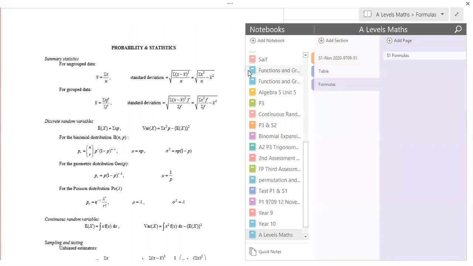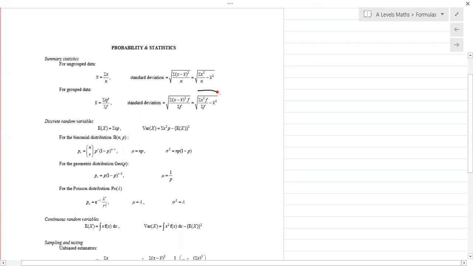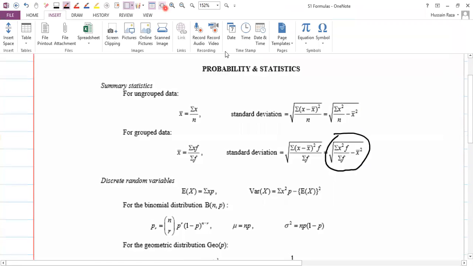So we are going to use this. This is the formula for standard deviation for grouped data. So let's just magnify this. Yeah, we're using this sigma x squared. So we're squaring all the x values, multiplied by frequency, divided by total frequency, minus the mean squared.